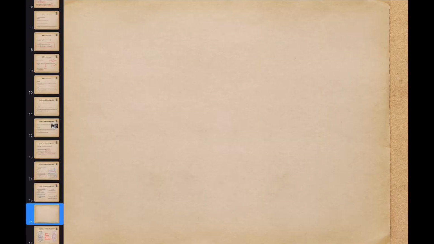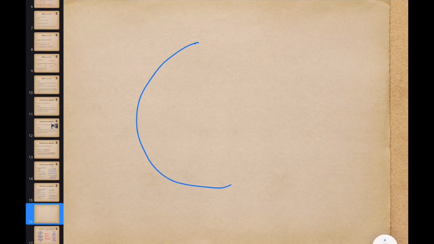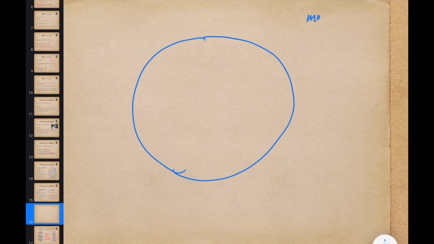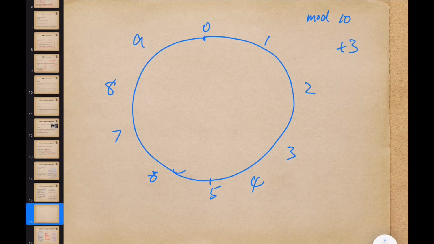Just in case you're still not sure why minus 7 is 3, I'll quickly draw a clock. We're under modular 10, and here is 0 o'clock. 1, 2, 3, 4, 5, 6, 7, 8, 9. What does plus 3 mean? On this clock system, you go from 0, 1, 2, 3.